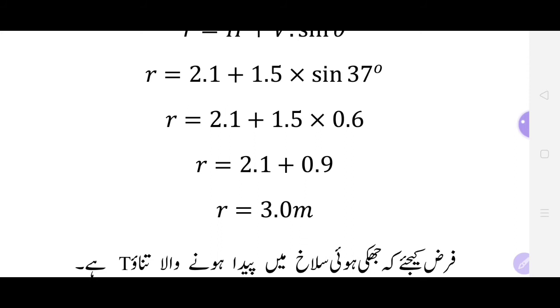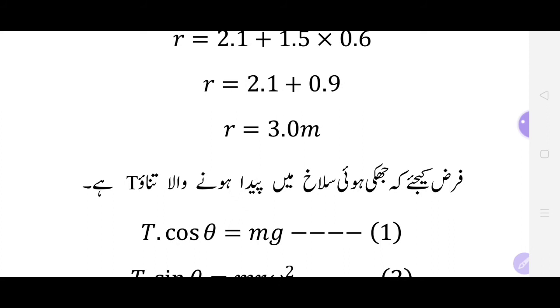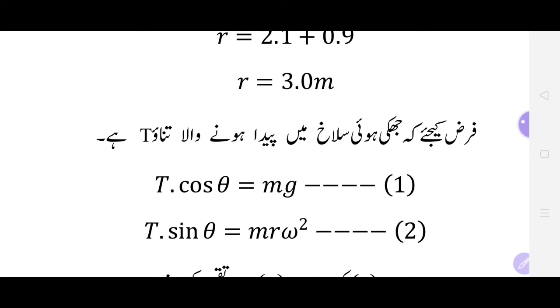Okay. Now let us suppose that during this circular motion, tension T is created in the rod. Now if we are taking capital T as tension, then we have to resolve this tension also into two components. The vertical component will become T cos theta and the horizontal component will become T sin theta.